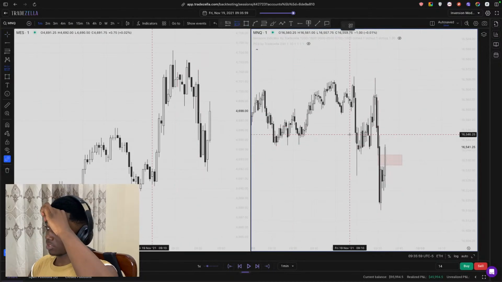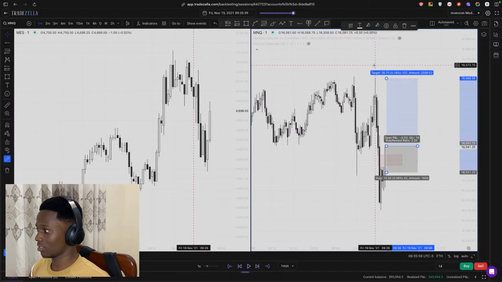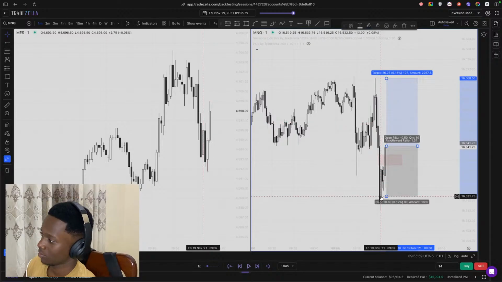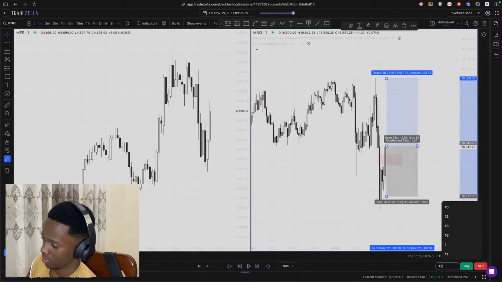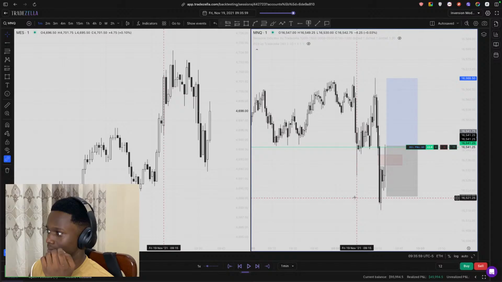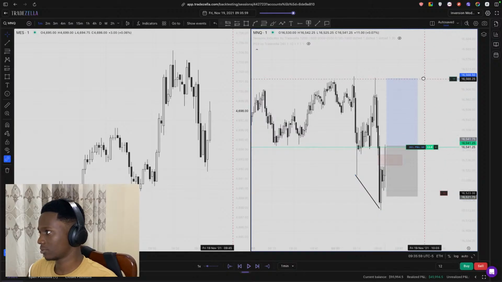Can take longs here at 935. Target these relatively equal highs, then 930, 928. So this will be around 1-to-1. Take profit at this high.